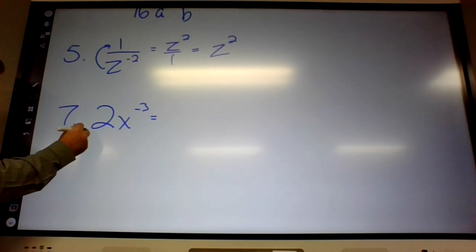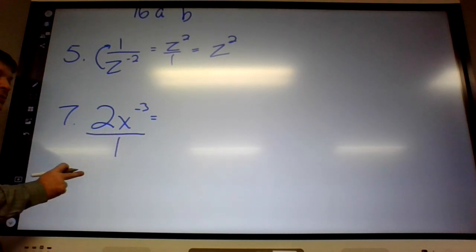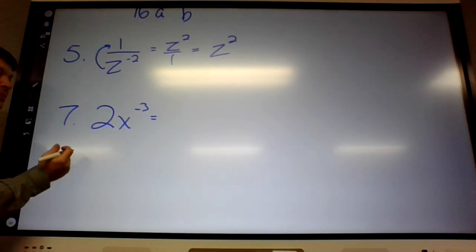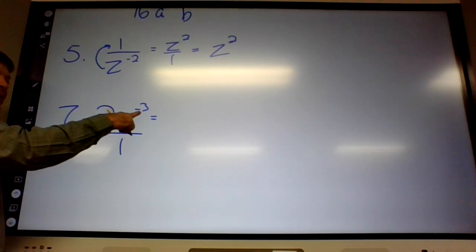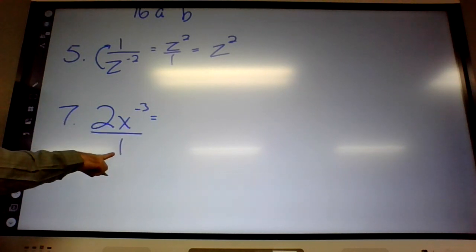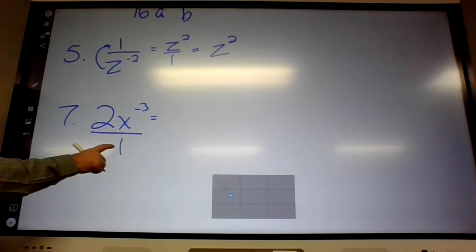Okay, if we think of this as a fraction, this is just all over 1. So this is just a numerator. If it's not a fraction, it's just on top. Okay, so I need to fix the x to the negative 3rd. How am I going to fix it? Because they said no negative exponents. I'm just going to move it to the bottom, and it's going to become 1 times x to the 3rd, or just x to the 3rd on the bottom.